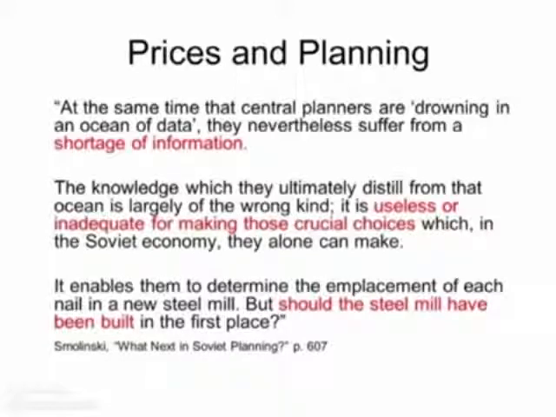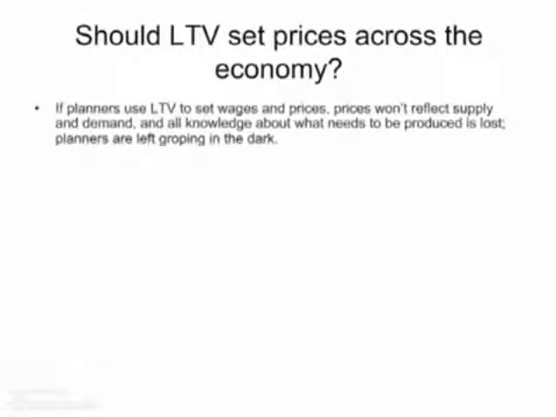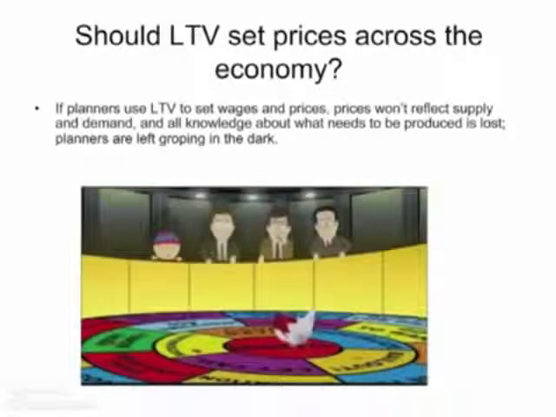It wasn't of the right kind. It couldn't tell them whether to expand or contract certain industries, whether to make something at all. So if planners use the labor theory of value to set wages and prices, they won't reflect supply and demand, and the planners will be left groping in the dark, like a headless chicken.